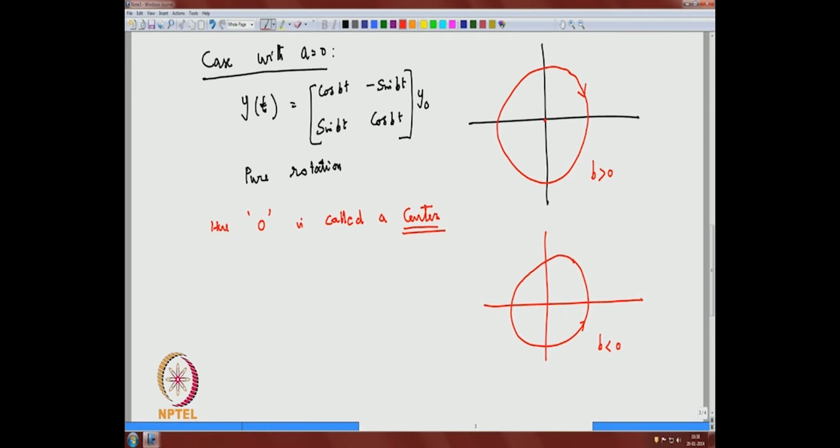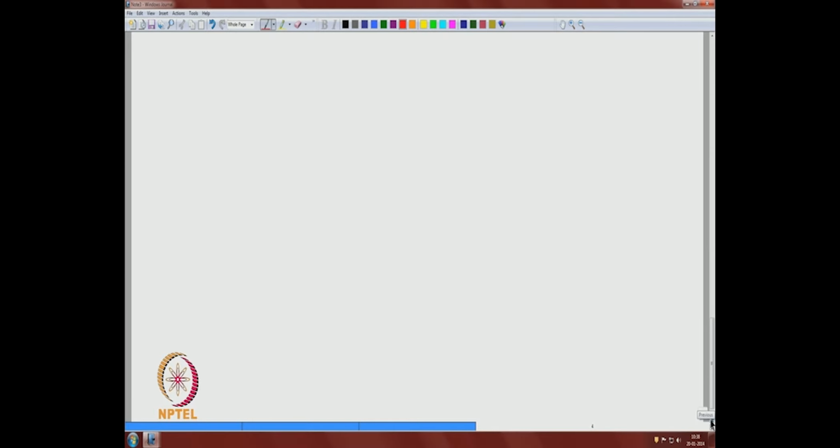So with that, for 2 by 2 systems we have a complete analysis. Let me give a final definition, consolidating all the results.